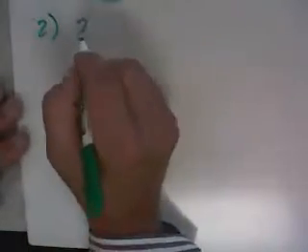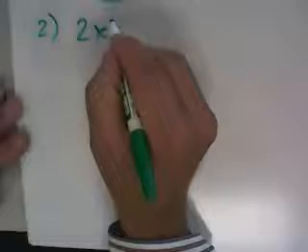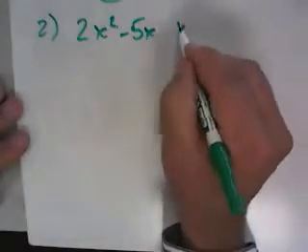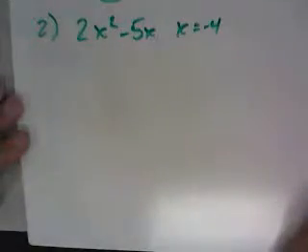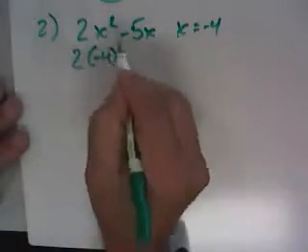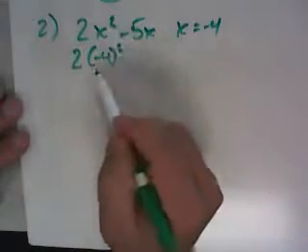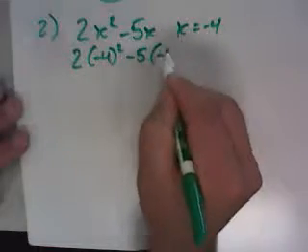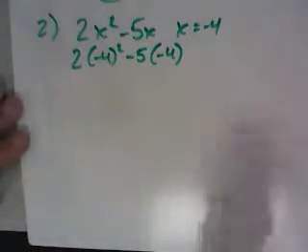Let's move on to number 2. Number 2 starts off with variables in it, 2x squared minus 5x. And we're supposed to let x equal negative 4. Well, that means we're going to replace each x with negative 4. So instead of 2 times x squared, we're going to have 2 times negative 4 squared minus 5 times negative 4.